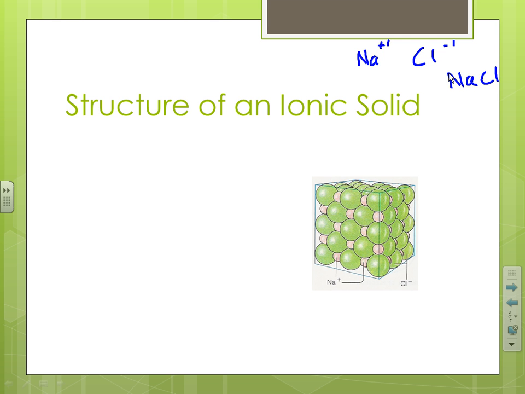And I think a lot of you probably knew that already. That's salt, right? What we refer to as salt. This is what's on your table at home or when you go to a restaurant. But let's look more at what it looks like.